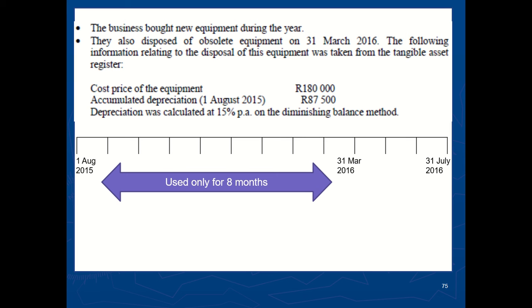Basically, guys, the carrying value that we're given up there of 87,500, that is the carrying value at the beginning of the year. We need the carrying value on the 31st of March 2016, not the beginning of the year, not the 1st of March 2015. So we still need to depreciate this equipment for 8 months in the current financial year. And you were told that we simply use the diminishing balance method to depreciate this equipment, meaning that we need to first find the carrying value of the equipment at the beginning of the financial year.